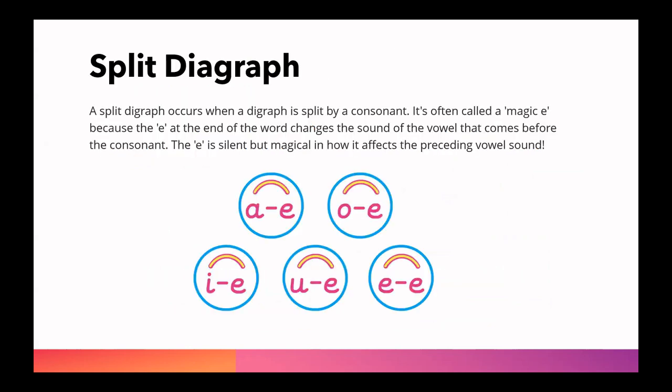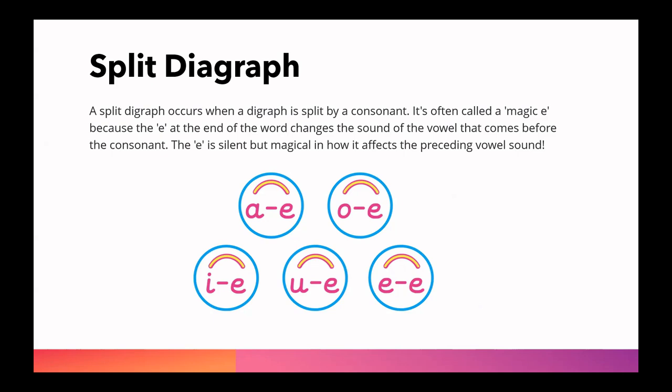Then the final one is the split digraph. Now, split digraph is something that you are going to come across when you start teaching some elements of phase 5 phonics. In phase 5 phonics, this is where you have alternative sounds and alternative spellings. So the split digraph basically is when a digraph is split by a consonant.